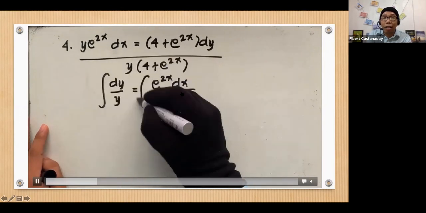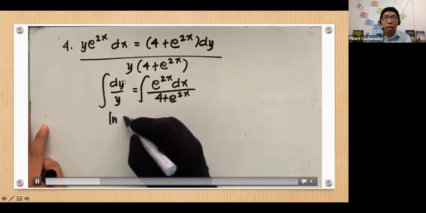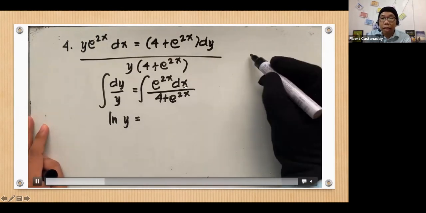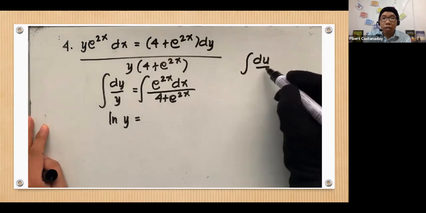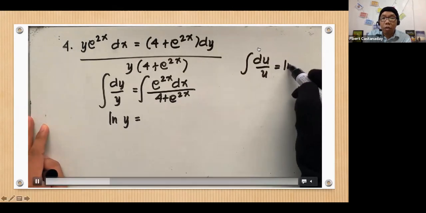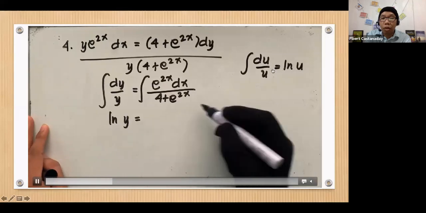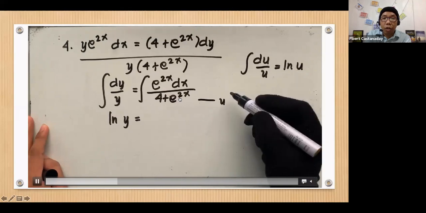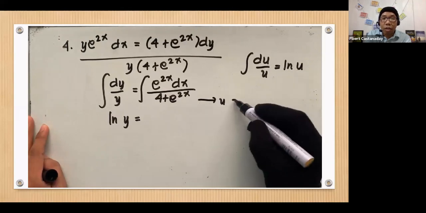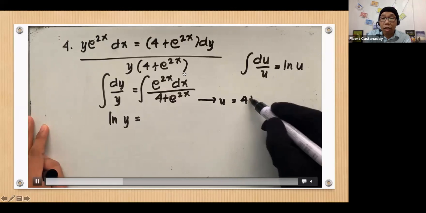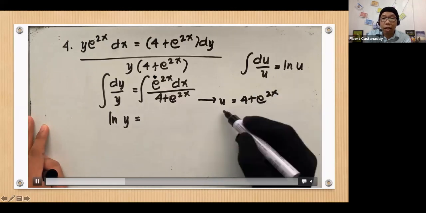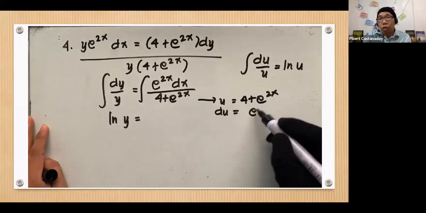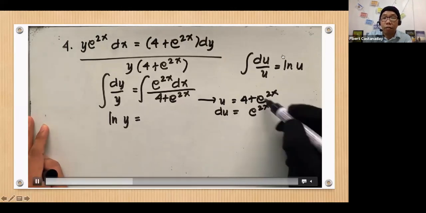Then we can integrate both sides of the equation. The integral of dy over y is ln of y, and this one right here we will examine. Recall that the integral of du over u is ln of u. So if this denominator, 4 plus e raised to 2x, is your u, then the numerator should be the du, or it should satisfy its differential, so that we can use the formula ln of u.